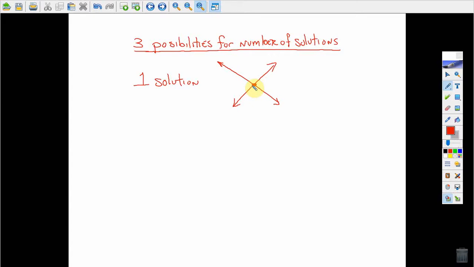You also can have a situation where you have zero solutions. That happens when you get two lines that are parallel to each other. That means they have the same slope, delta y, delta x.